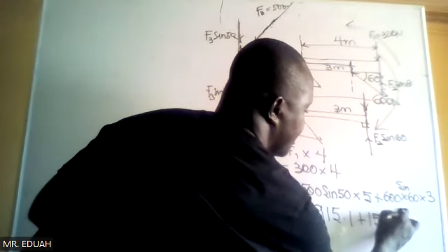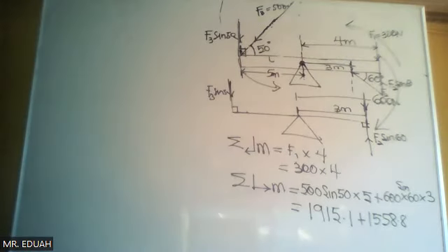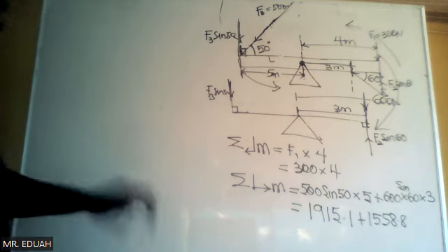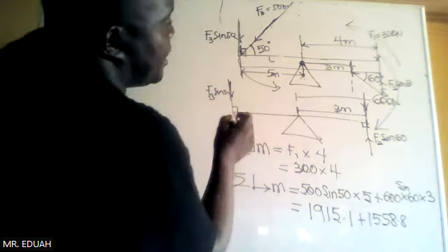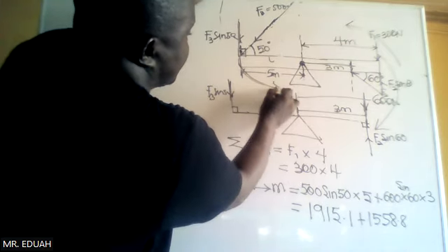Please, why are you adding F3 and F2? You see, F3 is giving me anti-clockwise movement.